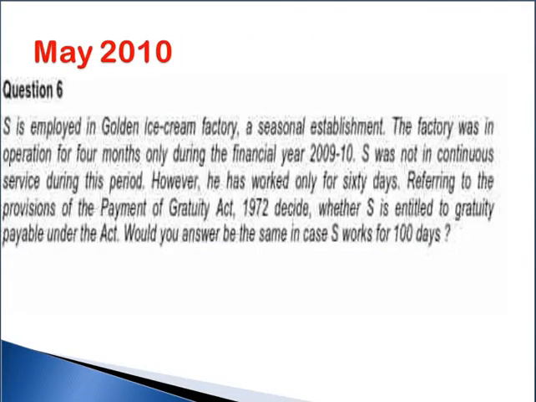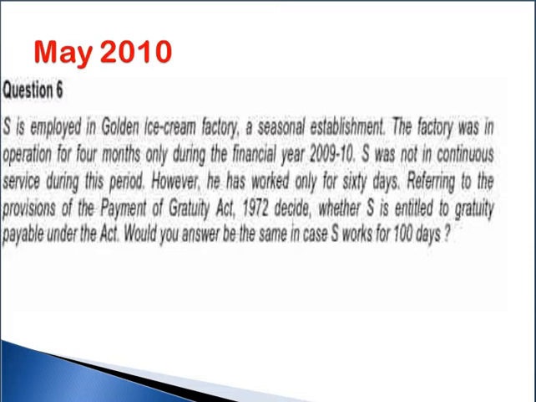This question was asked in May 2010. It goes like this. S is employed in Golden Ice Factory, a seasonal establishment. The factory was in operation for 4 months only during the financial year 2009-10. S was not in continuous service during this period. However, he has worked only for 60 days.